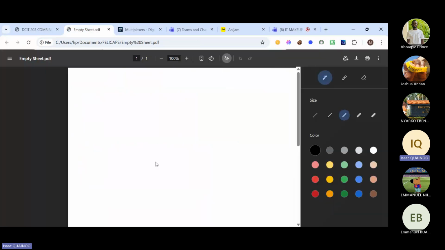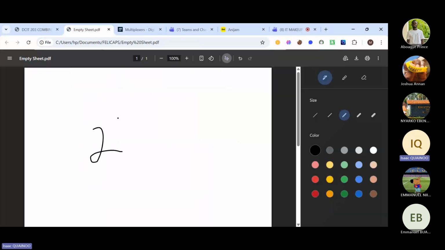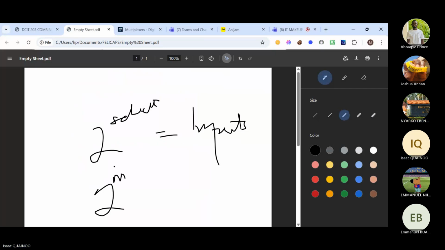We said that 2 to the power select lines gives you your inputs. So if the question is saying that our input is 2 raised to the power n, how many select lines are there? It is n. Please, can you see that?